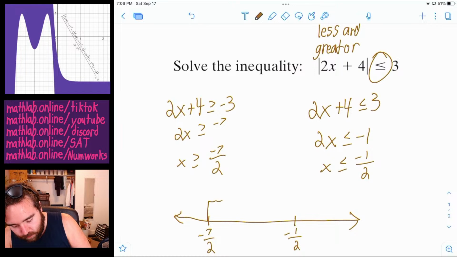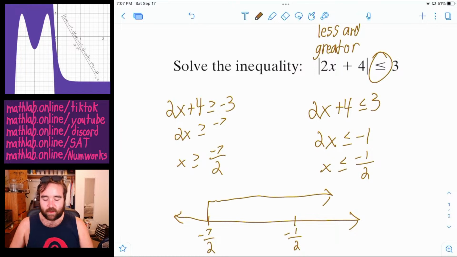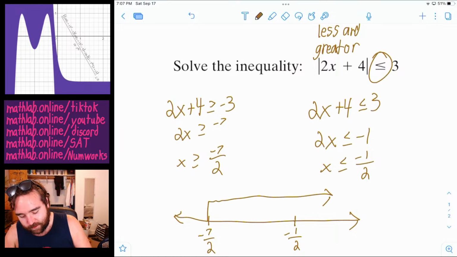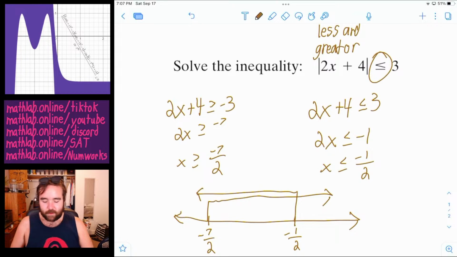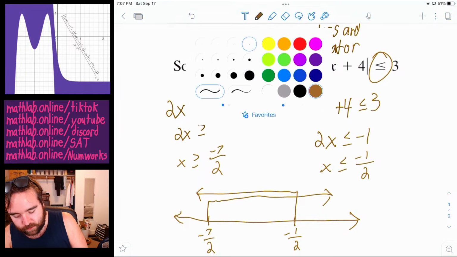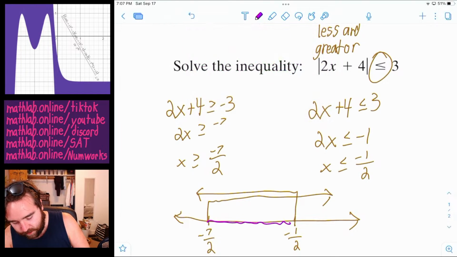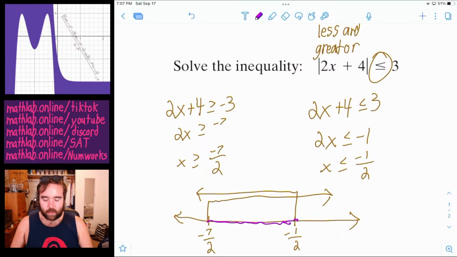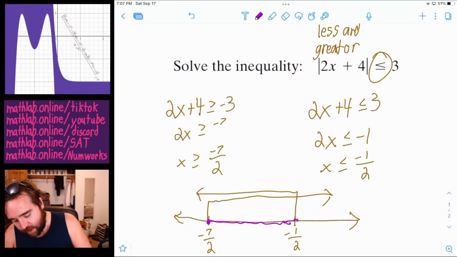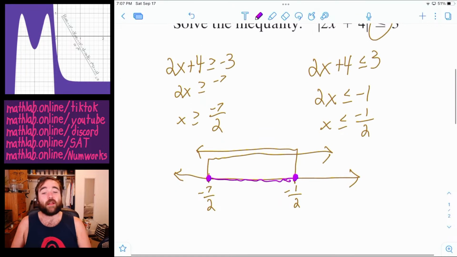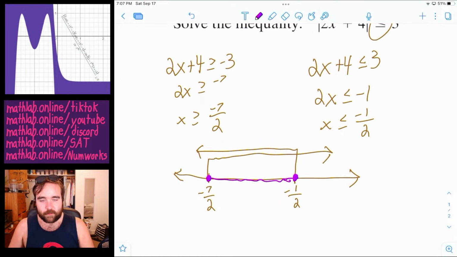We need it to be greater than negative 7 halves and less than negative 1 half. So what we're saying then is it has to be in between those two values. So you see our set of solutions is right there in between the two values. And then there's an equal to sign. So when we're deciding open dot or closed dot, we want to do a closed dot to show that it is allowed to be equal to those two numbers.